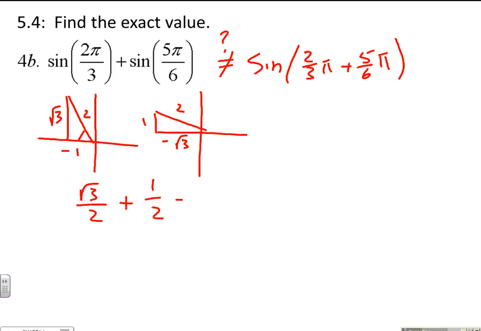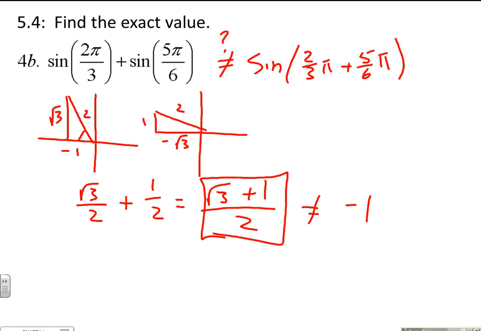So this is root 3 plus 1, all on 2, which is hardly equal to the negative 1 we got on the prior problem. But this is the solution to this problem, but hopefully we're noting that we cannot just distribute sine. If we could just distribute sine, like this was sine times instead of sine of, we wouldn't have any reason to bother with sum and difference rules.